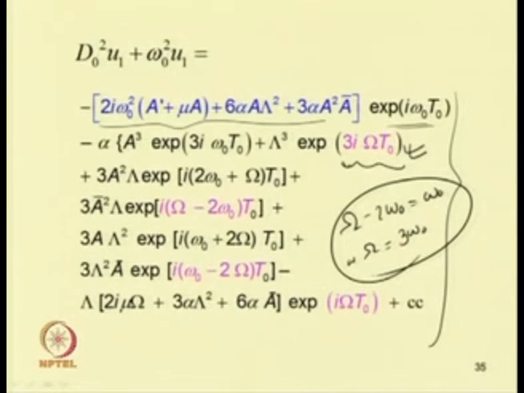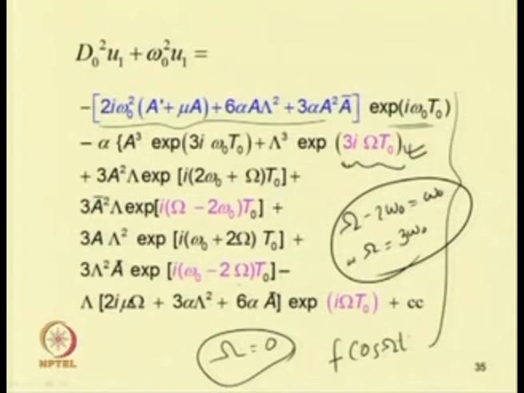Another condition is omega minus 2 omega equal to omega 0, or omega equal to 0. Omega equal to 0 means we have a fixed amplitude. As our forcing function is cos omega t, putting omega equal to 0 we will have a fixed amplitude forcing, so we are not considering that term.